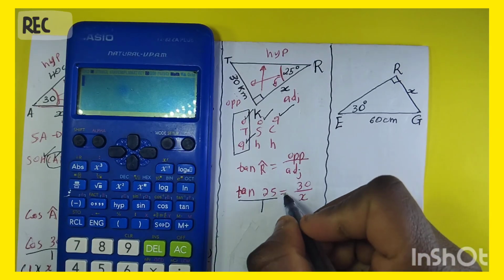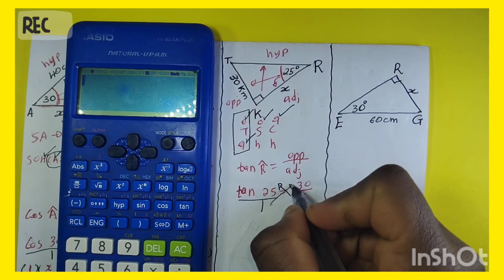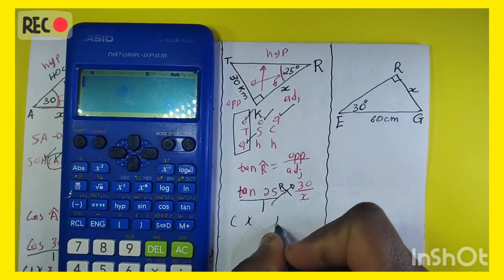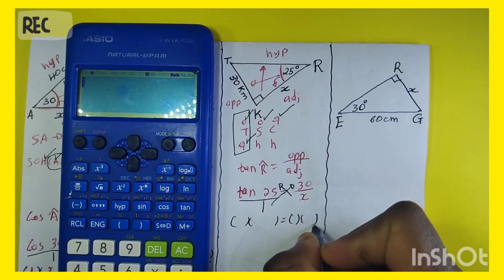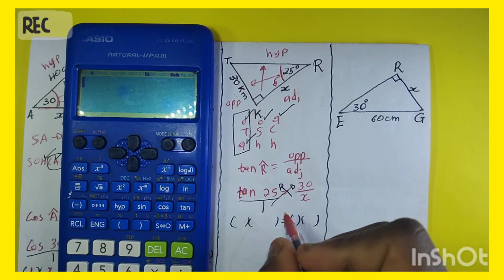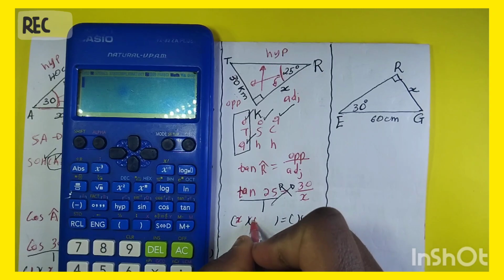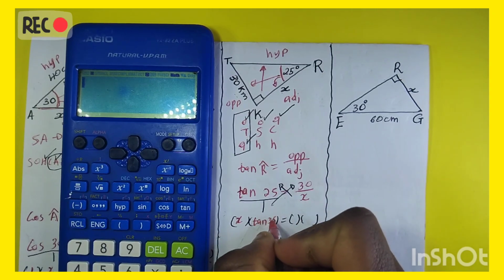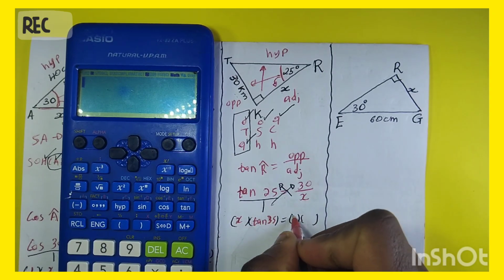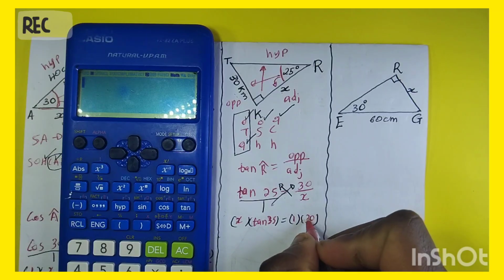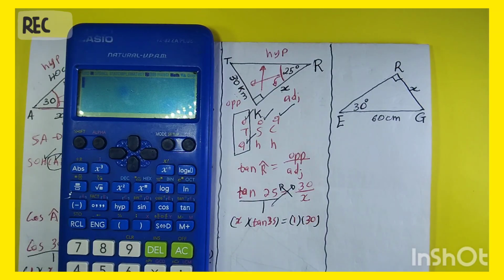You just cross multiply. If these multiply, it must be X multiplied by tan 35. Here it is just 1 multiplied by 30. Make sure that your unknown value is on the left hand side.